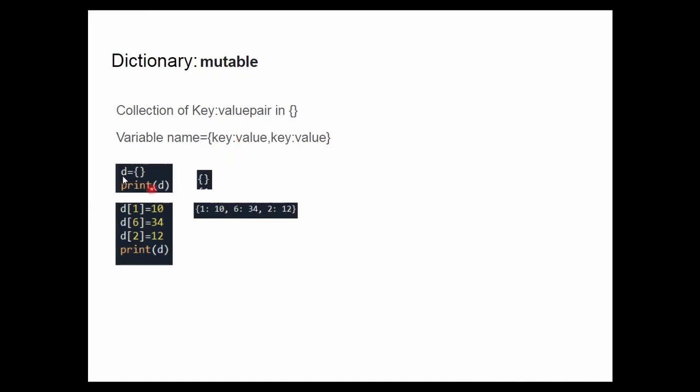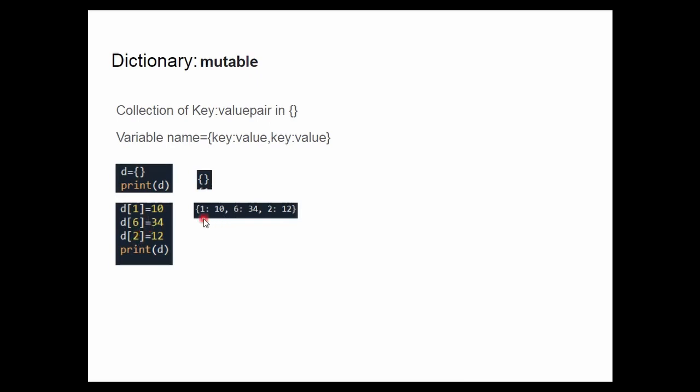So here we have created D is equal to curly braces, so it can be a set also. So we print D. Now D of 1 is equal to 10, D of 6 is equal to 34. As we are using the assignment operation, assignment is allowed in dictionary, it's not allowed in set.